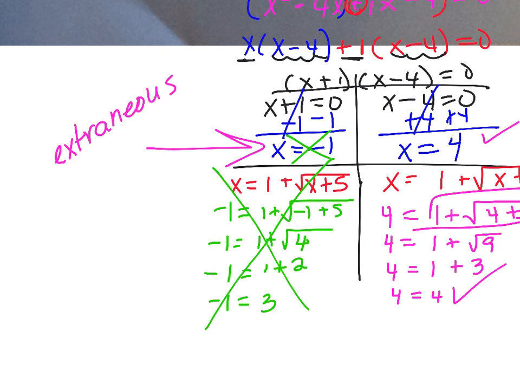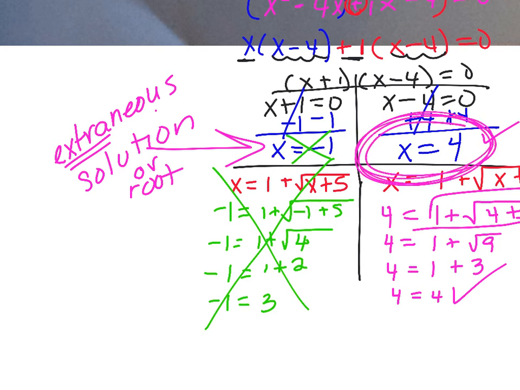It's like an extra. See the word extra? Extraneous solution, or an extraneous root. It's an extra root. It's a root that doesn't work. It's a solution, though, that doesn't work. So my only solution then is x equals 4.